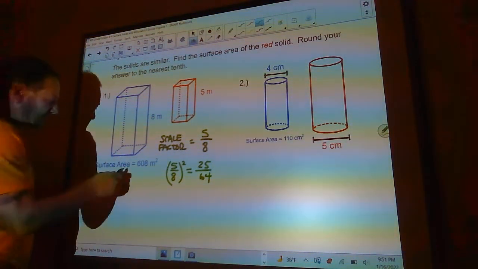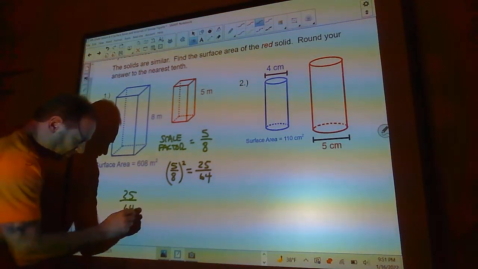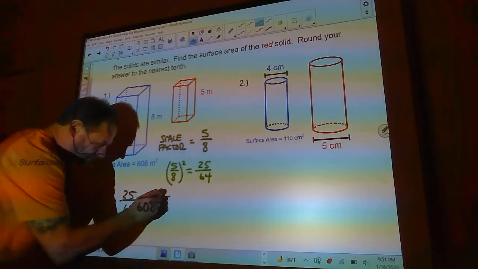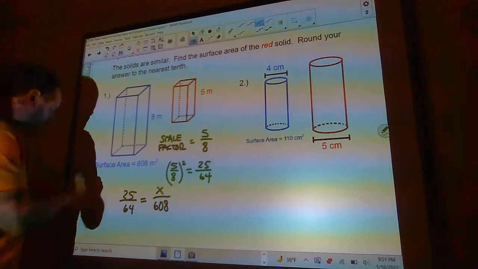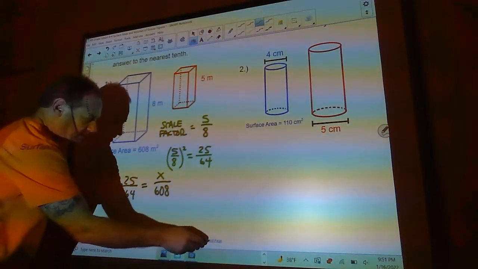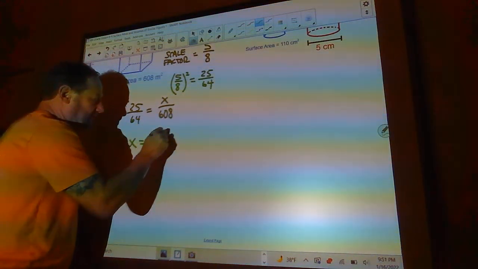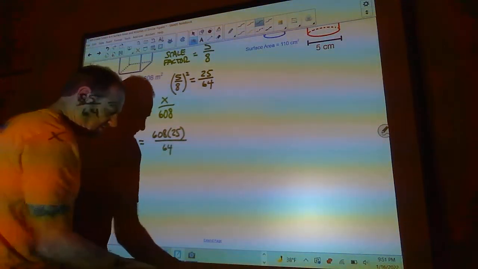Okay, now, this is the bigger one, so 25 over 64 is going to equal, this is the big one, it's got to go on the bottom with the other big one. It's going to be x. And now I really wish I had my calculator right here, because this is going to be a tough one to do. So x is going to be 608 times 25 divided by 64.